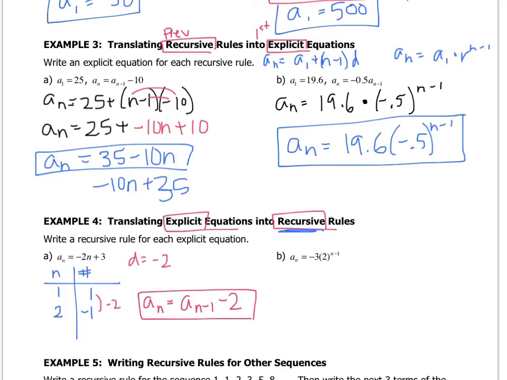It's not an integer. And for letter B, let's do the same thing. If you can find the first two terms, then you can find the ratio. So if n is 1, that gives me negative 3. If n is 2, that gives me negative 6. So how do you get there if this is a geometric sequence?